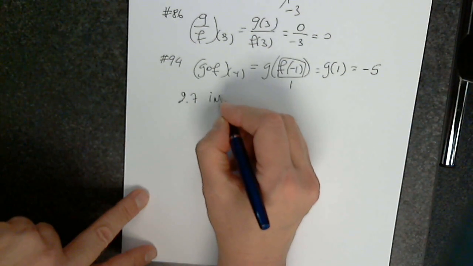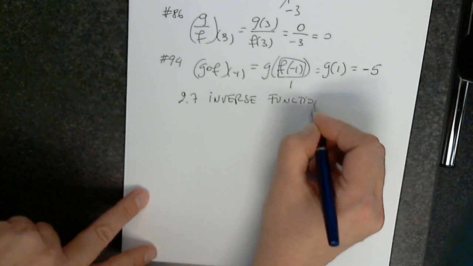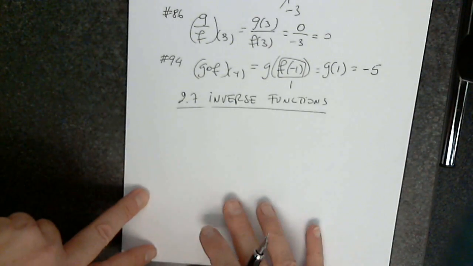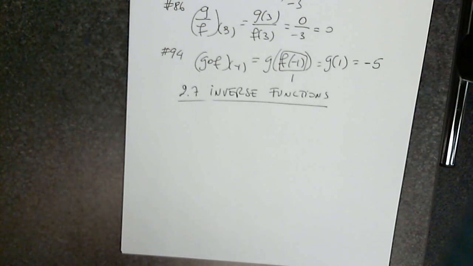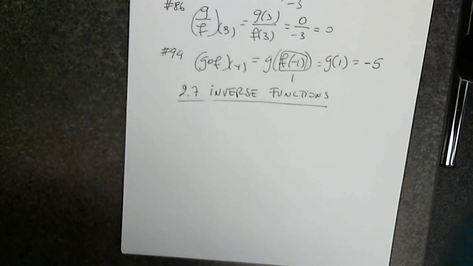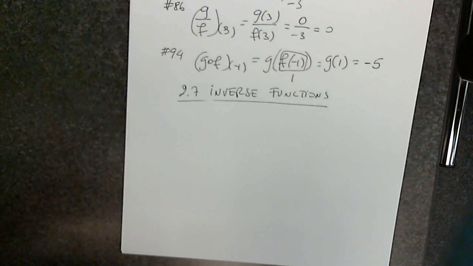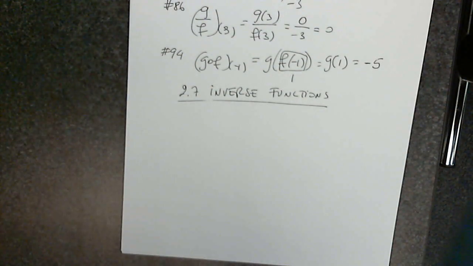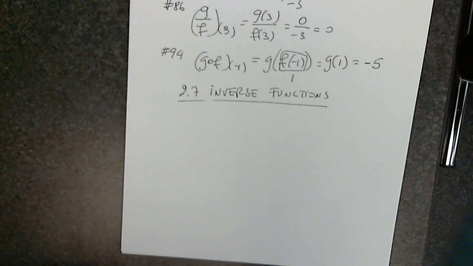Now, 2.7 inverse functions. Let's talk about the following scenario. Can we think of two functions that if I apply them in any sequence, so let's say function f and function g, I apply g to x, and then immediately I apply f, and these two functions cancel their effect on x.